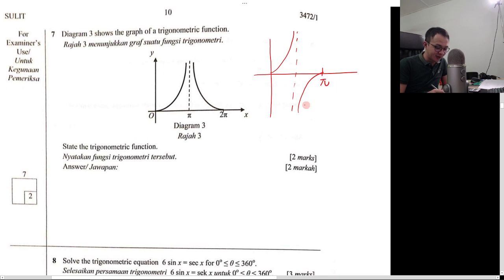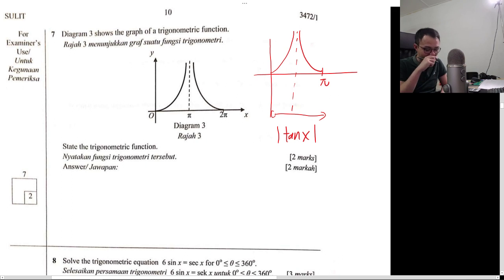Because this is what we call one cycle or one period. Of course, I can take the modulus of my tangent. If I take the modulus of tangent x, this line is going to reflect. It will look like this, but it still stops at pi. So for tangent, we know bx is always equal to pi.